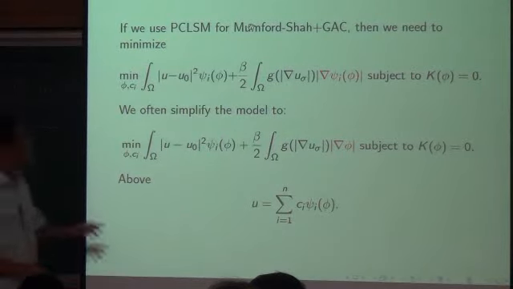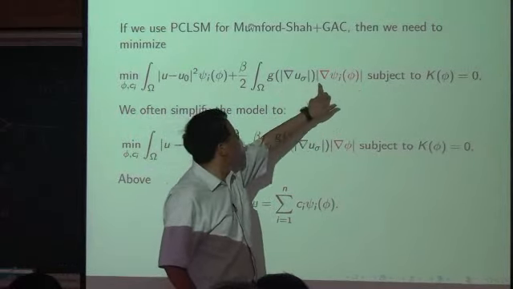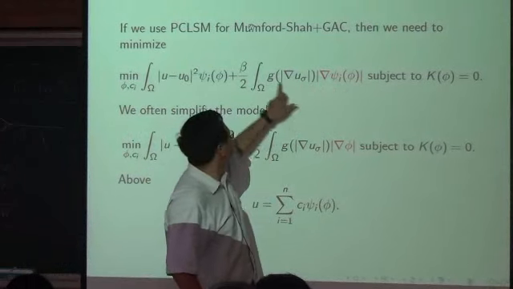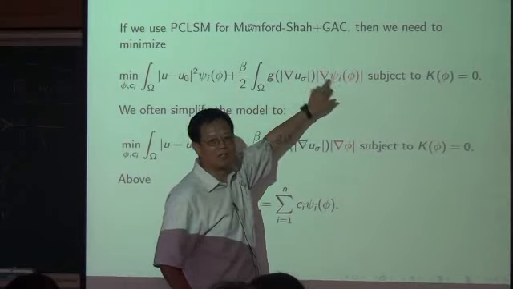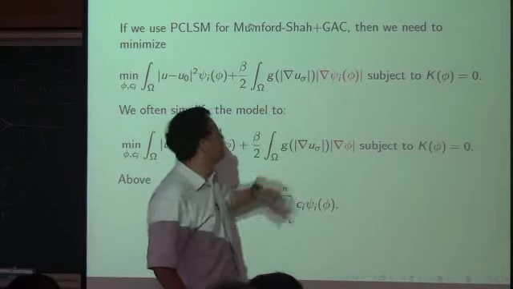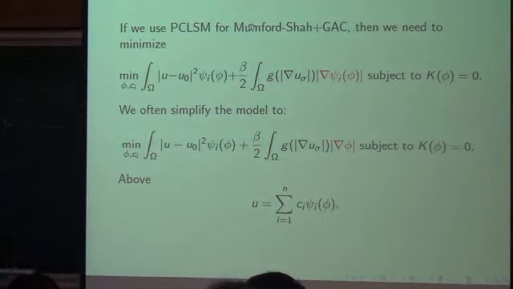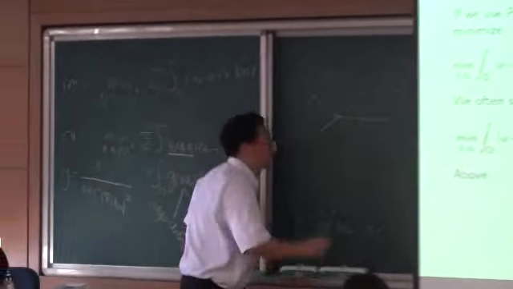And then here you need to use the coarea formula. If you use the coarea formula here, the total variation of the function is equivalent to integrating on the boundary over here. So this term will reduce to the integral over the boundary of omega I of g gradient u sigma ds.